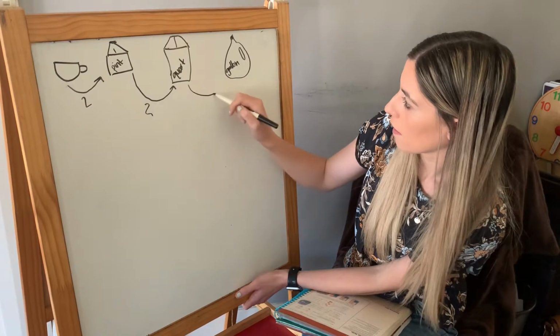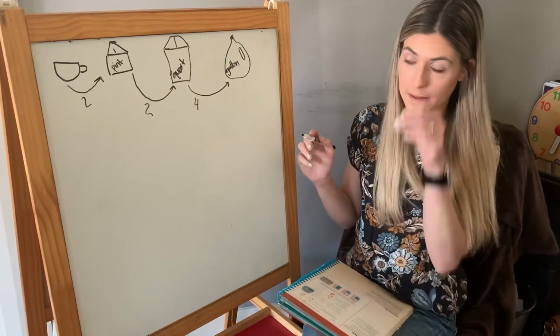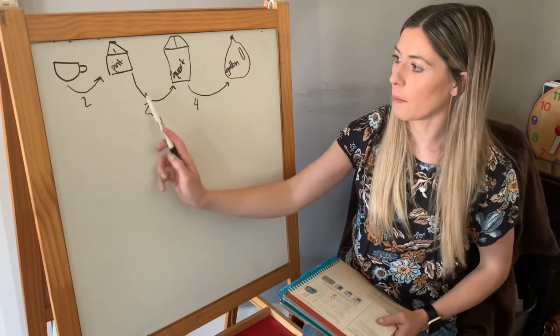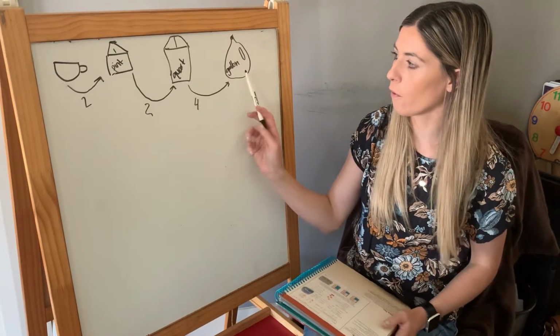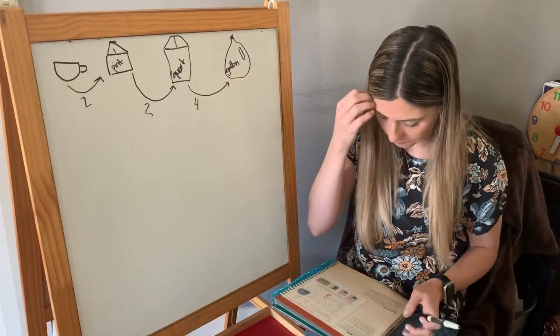And 4 quarts fit into a gallon. Okay? So 2 cups fit into a pint, 2 pints fit into a quart, and 4 quarts fit into the gallon. That should help you get through all of those answers.